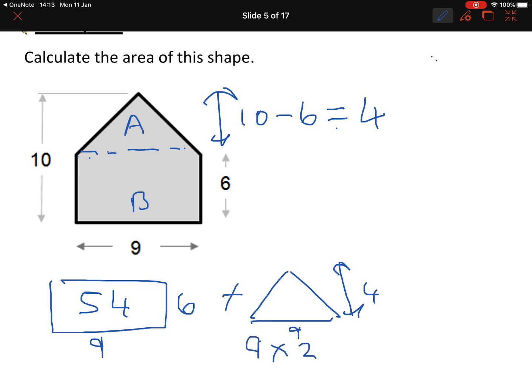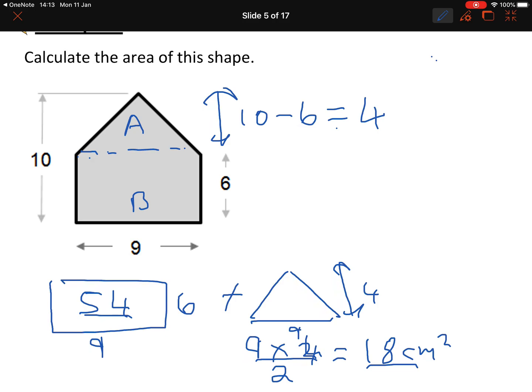To find the area, you do base times height and divide that by 2. So having a go at this, 9 times 4 would give us 36. Divide that by 2, that would be 18 centimeters squared.